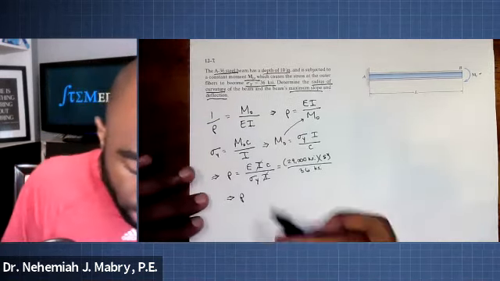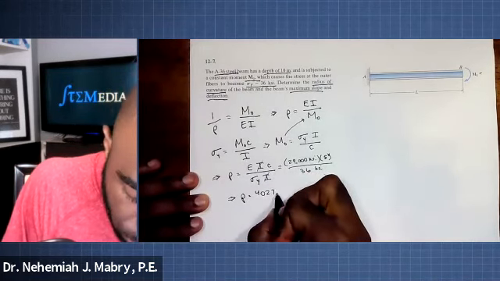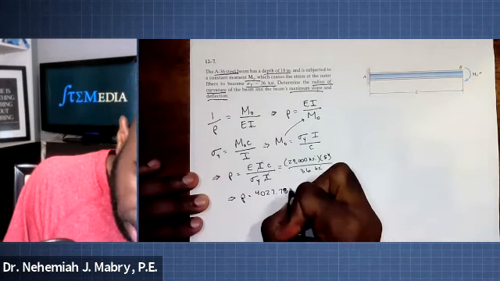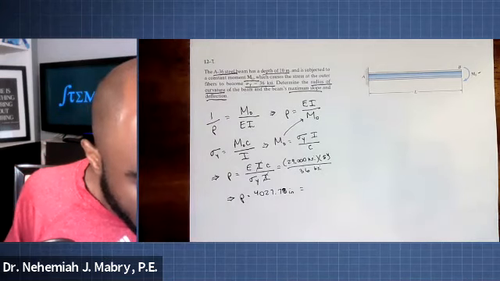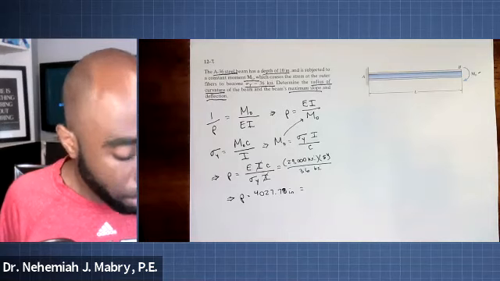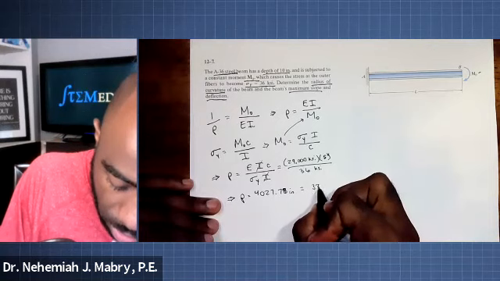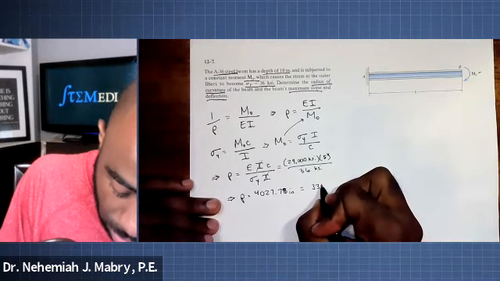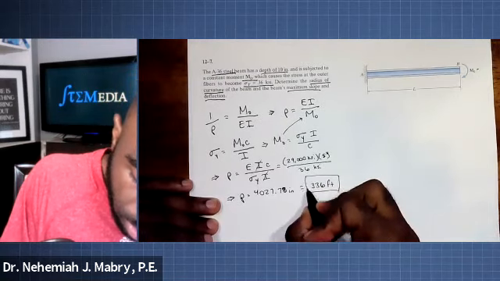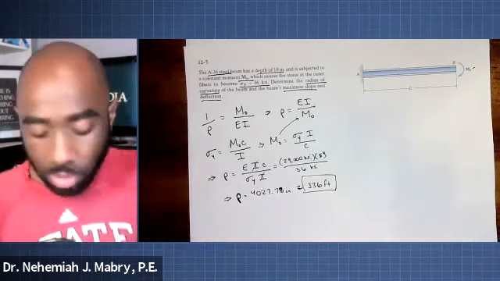There it is: 4,027.78 when rounded. That's inches. What is it in feet? 335.6, or we can just say 336 feet. All right, that is our rho. That is our radius of curvature right there.